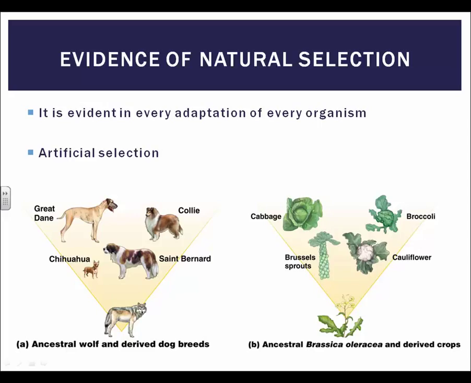Artificial selection is the process of selection conducted under human direction.